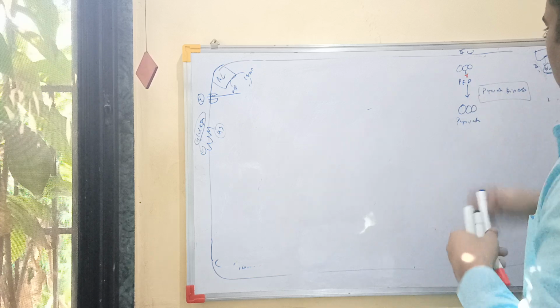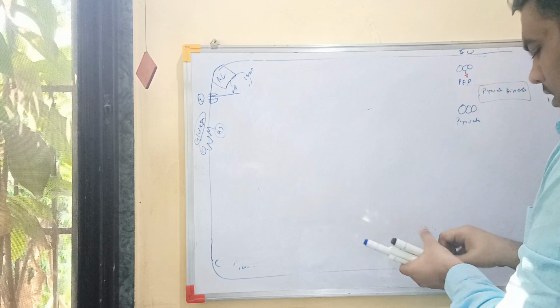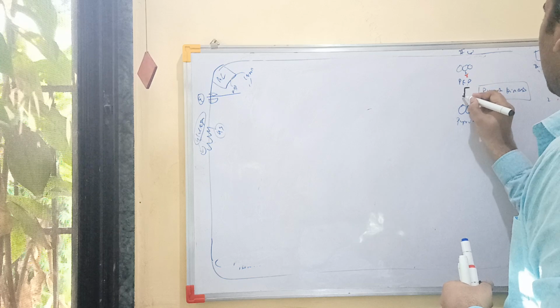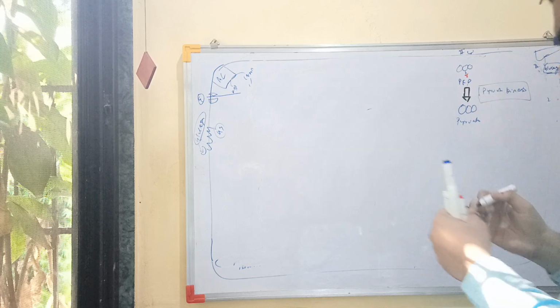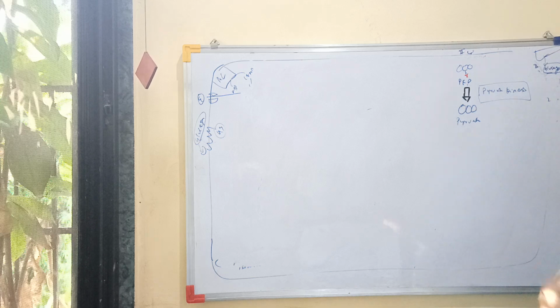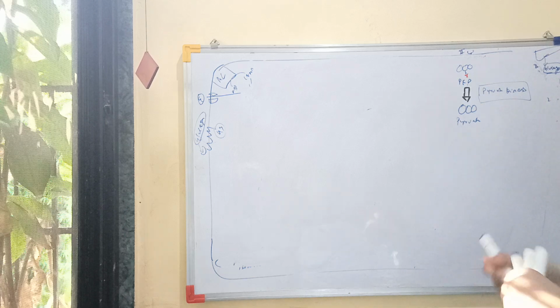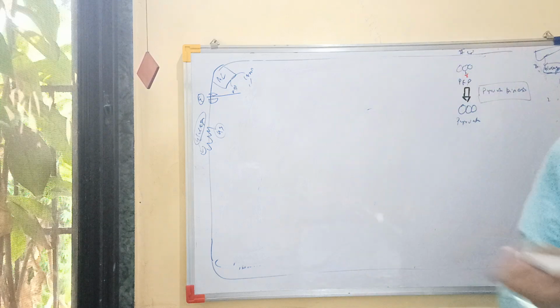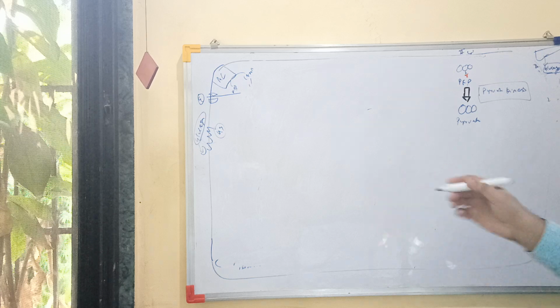And of course, this is irreversible. If you talk about the regulation of this enzyme, we have talked a lot about kinase regulation earlier also. So who are the inhibitors of this enzyme?